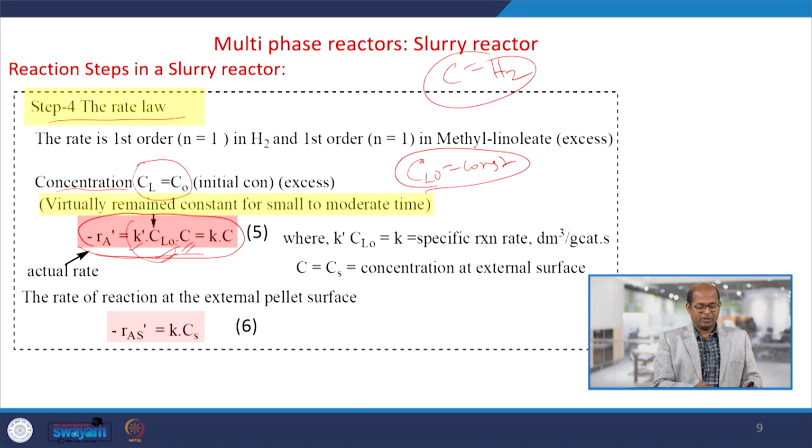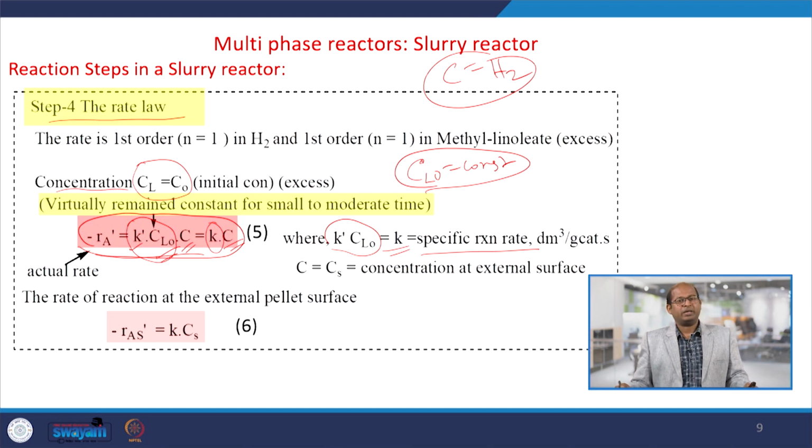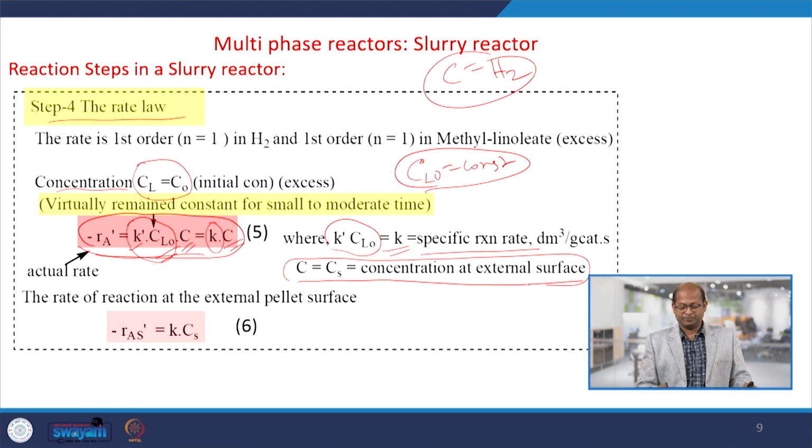Therefore K prime Cl0 we consider as small k, the specific reaction rate. Then minus RA prime equals small k into C, where C is the external surface concentration. Then this is equation 5.